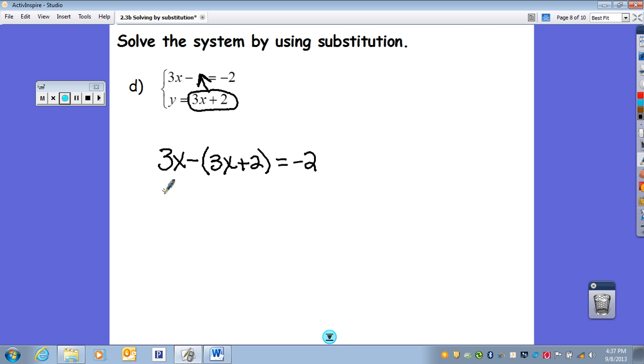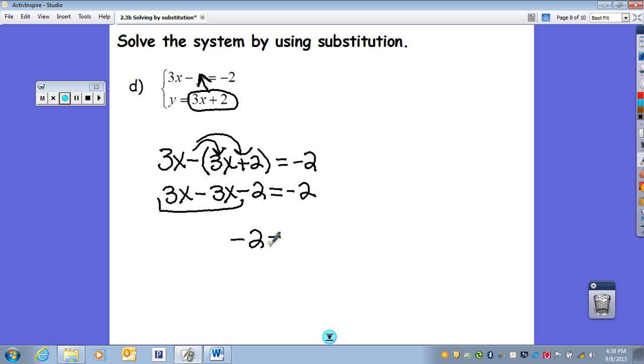Now I solve. 3x minus 3x after I distribute minus 2 equals negative 2. I've distributed the negative to each of these. Let's combine like terms. So we have 3x minus 3x, which is 0. So I have negative 2 equals negative 2.